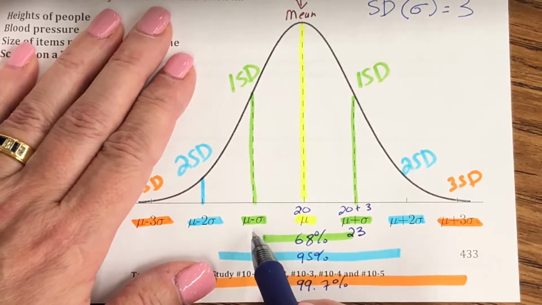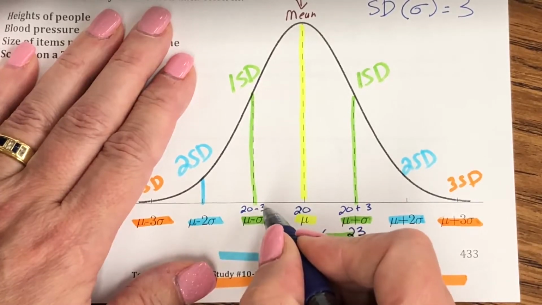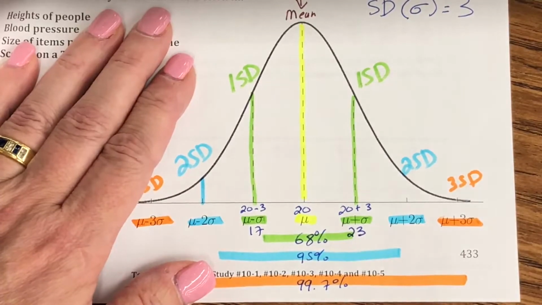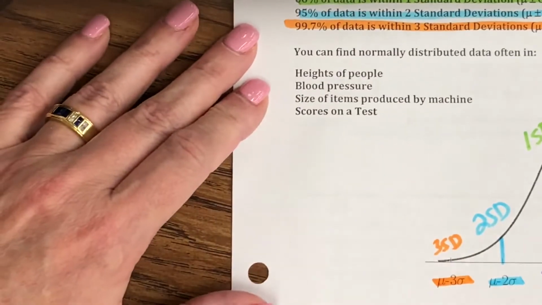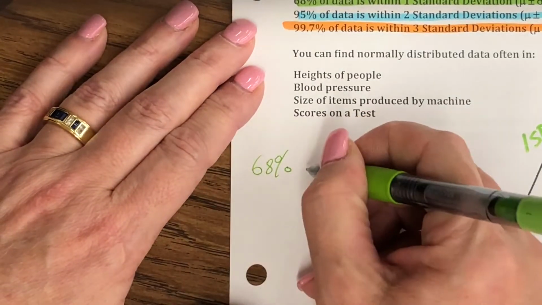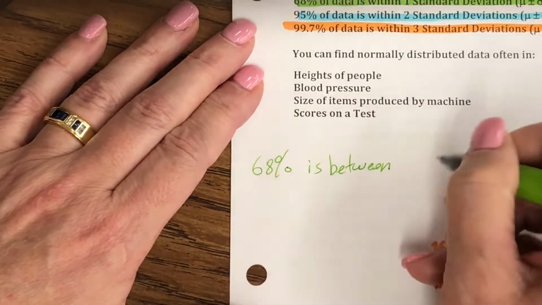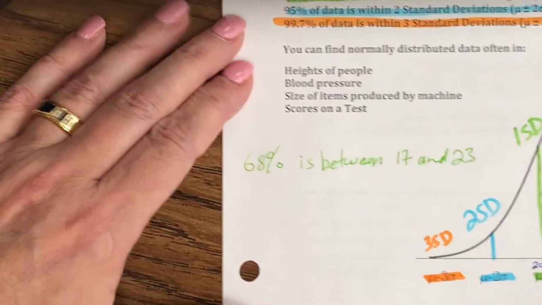Then, to the left, I take the mean, which is 20, minus the standard deviation, which is 3, and I get 17. So I just found out that 68% of the data is between the two numbers 17 and 23.